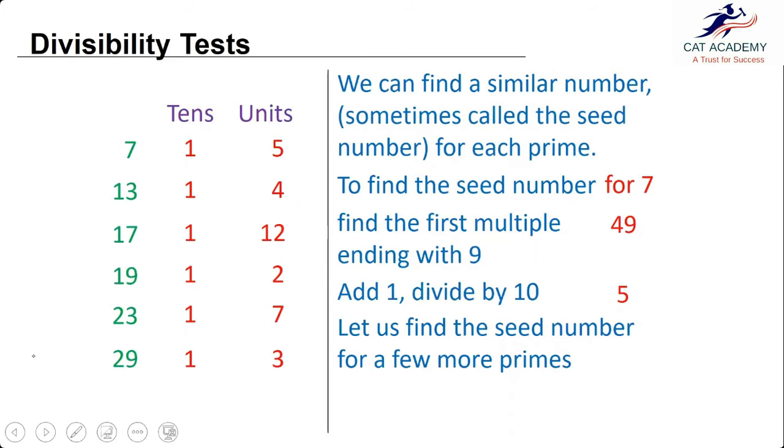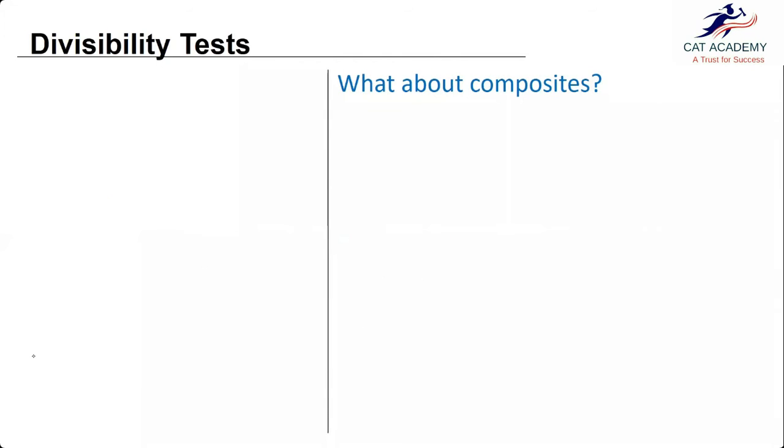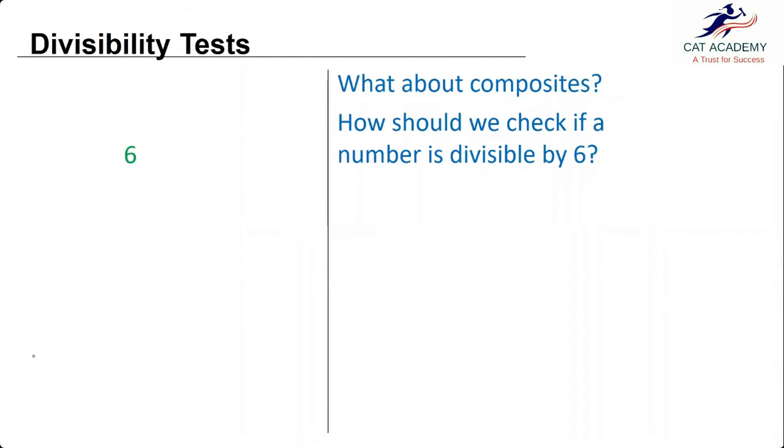So this was about prime numbers so far. What about composite numbers? How should we check if a number is divisible by 6?